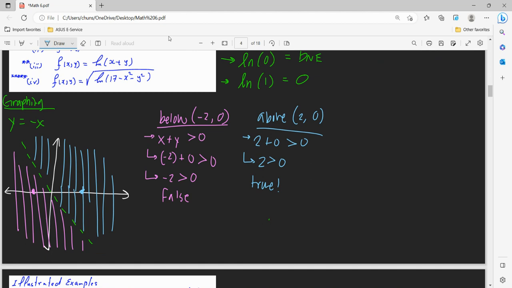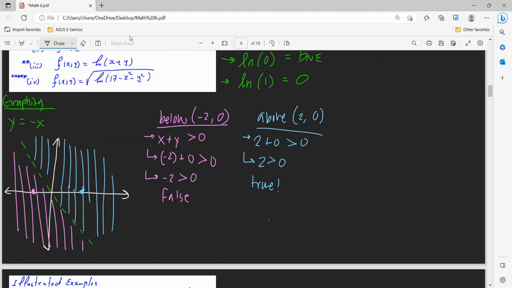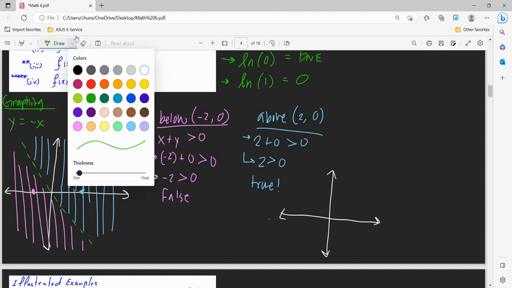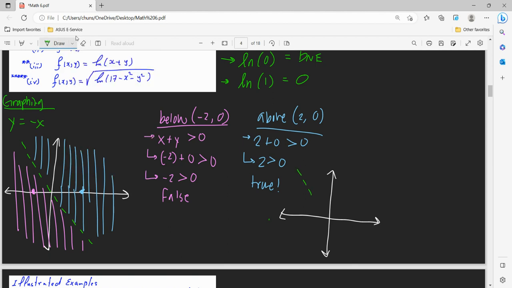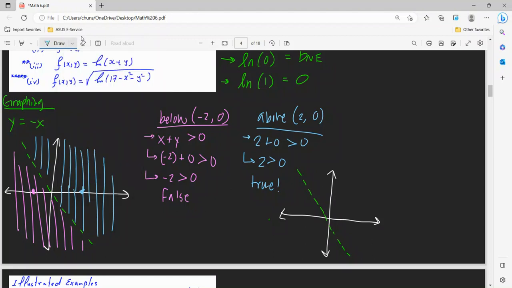If we were to redraw this function, we would only be shading in the permissible part. We only shade in above the curve because, as we tested, that is the only place where it fits our conditions. And it's a dotted line because it's an inequality that is just greater than, not equal to. Then we shade in our top portion.